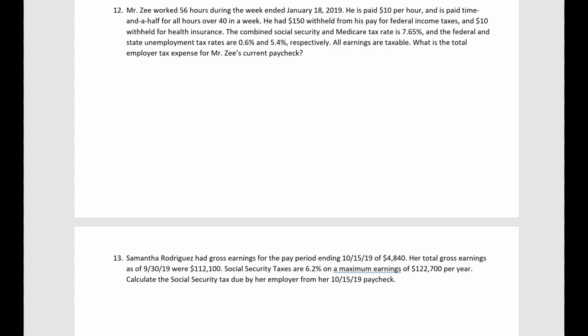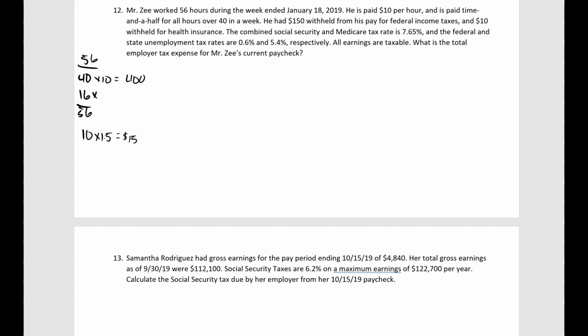Okay, so out of 56 hours, you have 40 of regular, and he gets paid $10. That's $400. Then he has 16 hours that are overtime to equal the 56. Okay, it's time and a half. Let's calculate what that is. $10 an hour times 1.5 is $15. His overtime rate is $15.